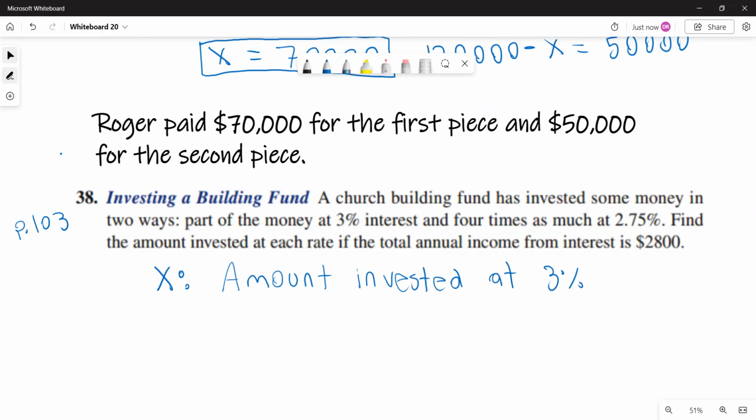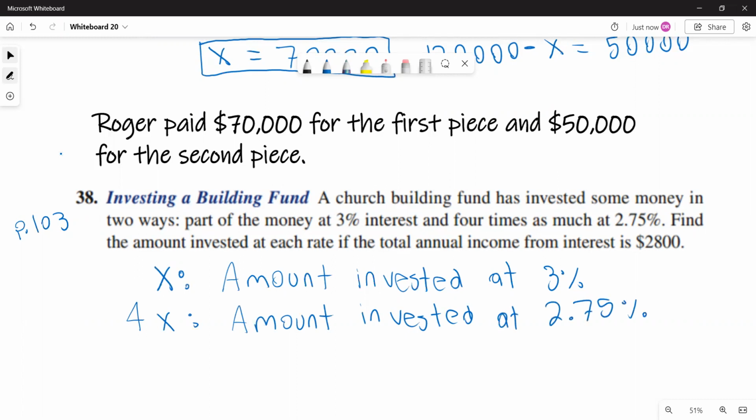And 4 times as much was invested at 2.75%. So 4x is going to be the amount invested at 2.75%. The total interest: I said that the total annual income from interest was 2,800.